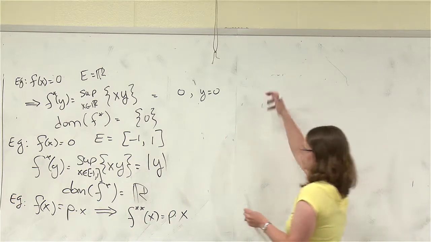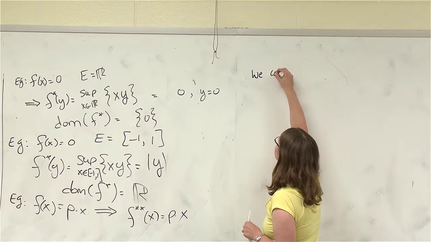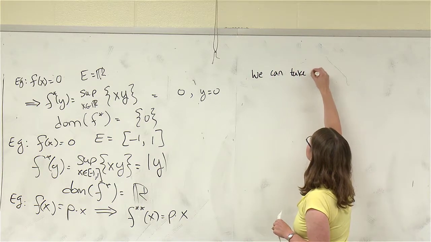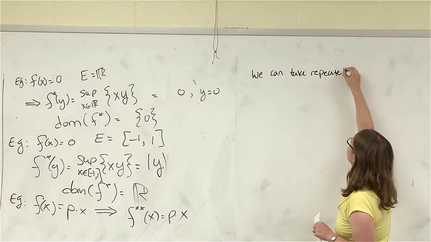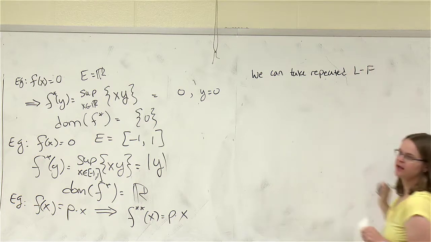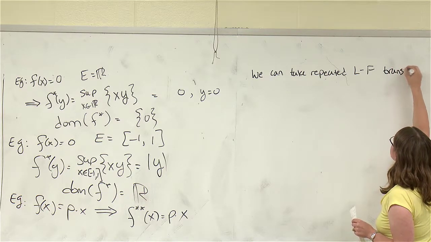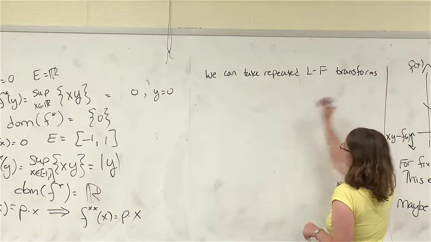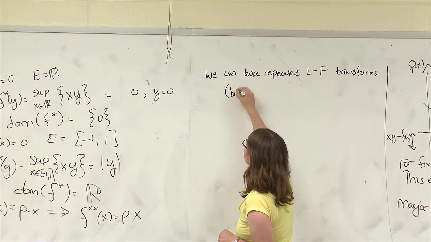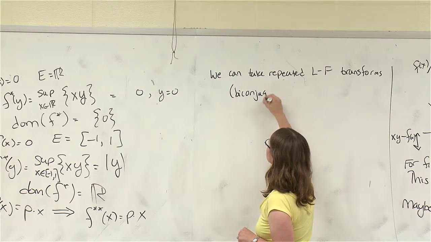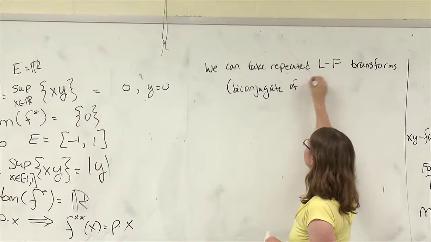So we can certainly take repeated Legendre transforms, or LF. I'll write LF sometimes for Legendre-Fenchel transform. This is also called the biconjugate of f.